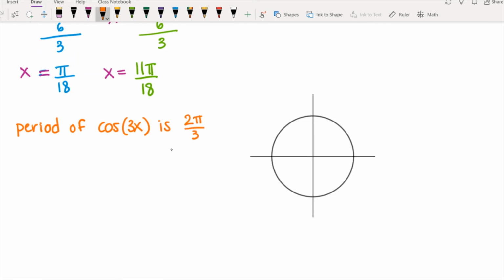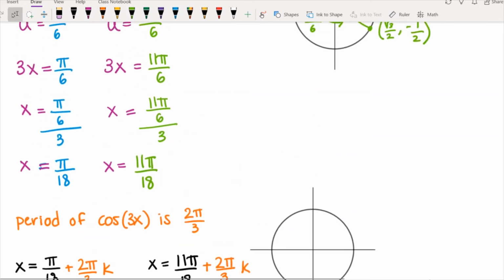So in order to describe all solutions, we need to take each of our answers here, pi over 18 and 11 pi over 18, and to each of these, we're going to add 2 pi over 3 times k. And that would be our final answer.